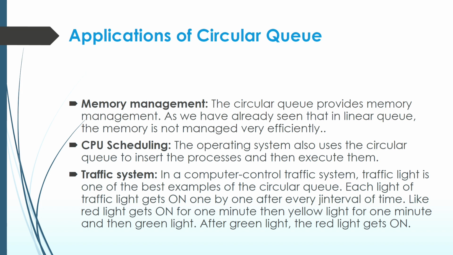Similarly, if front is not equal to 0 and rear equals max minus 1, which means that the queue is not full, then set the value of rear to 0 and insert the new element there. So these are the two scenarios in which the queue is not full.